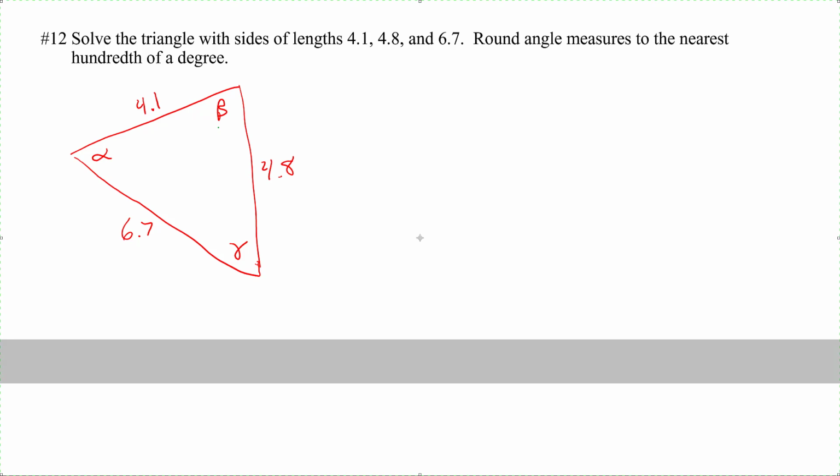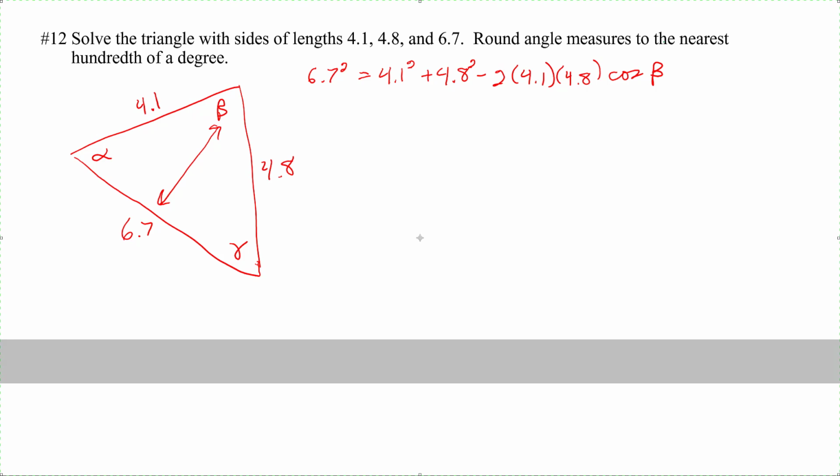I like to start with the largest angle first for the law of cosines, so let's go with beta. So we have 6.7 squared, the side opposite beta, equals the sum of the other two side lengths squared, 4.1 squared plus 4.8 squared, minus 2 times 4.1 times 4.8 cosine beta.